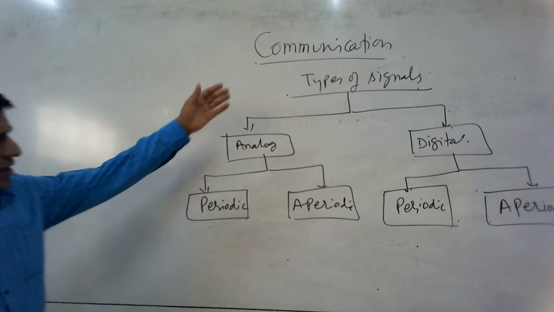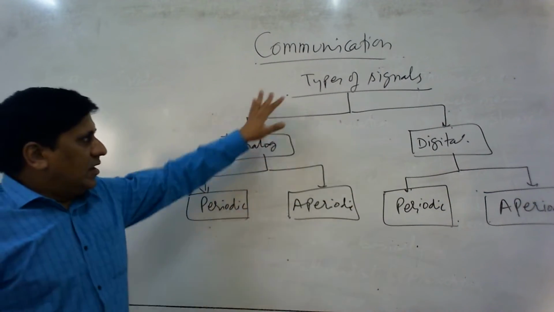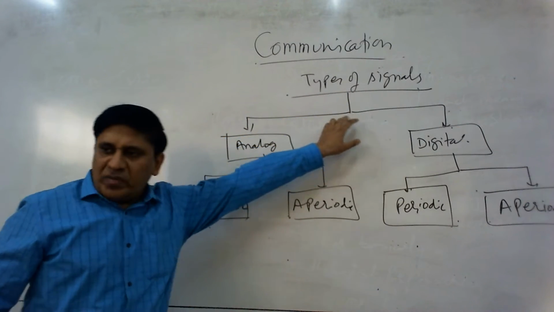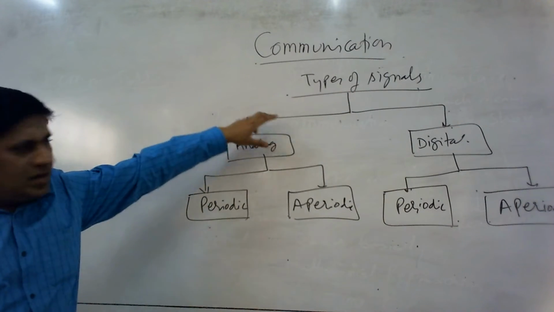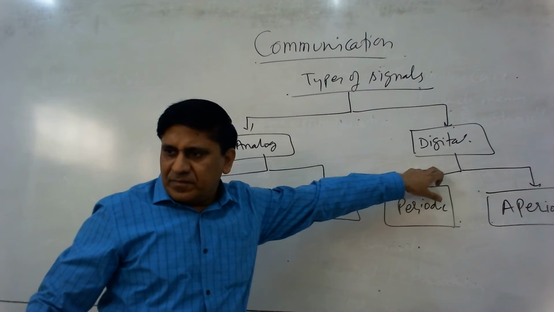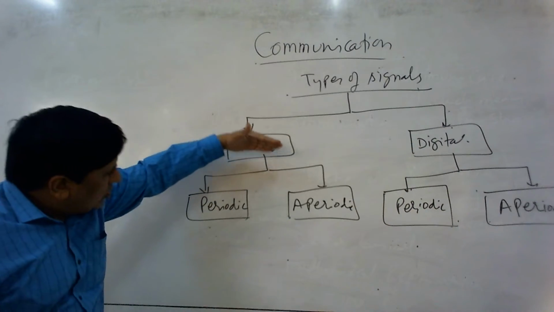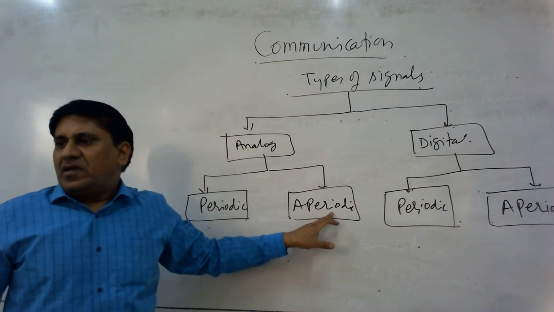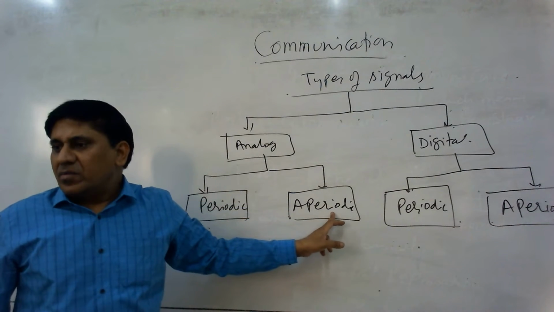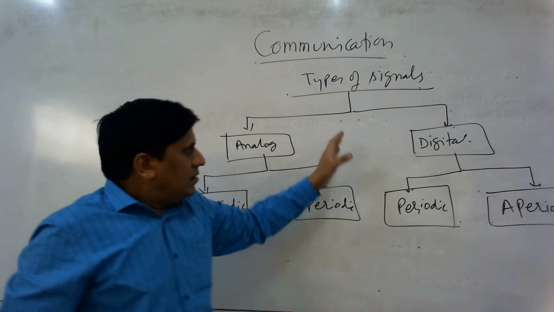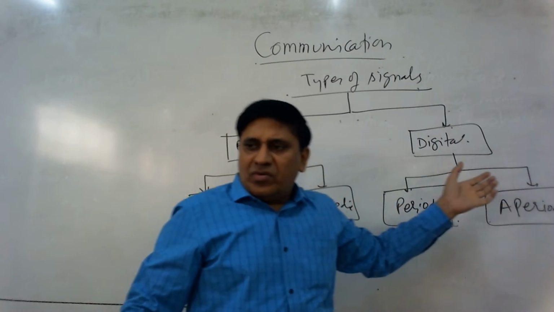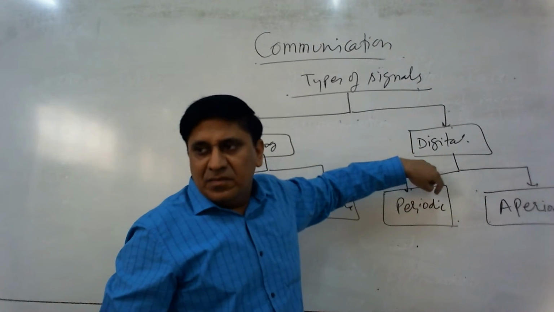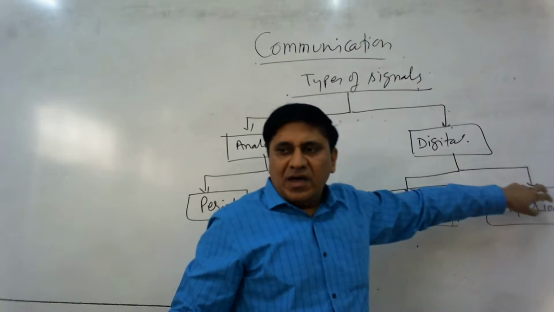So this is the hierarchy of types of signals. There are two types of signals: analog signals and digital signals. Analog signal has periodic signal and aperiodic signal, also called non-periodic signal. Digital signal is also divided into two parts: periodic signal and aperiodic signal.